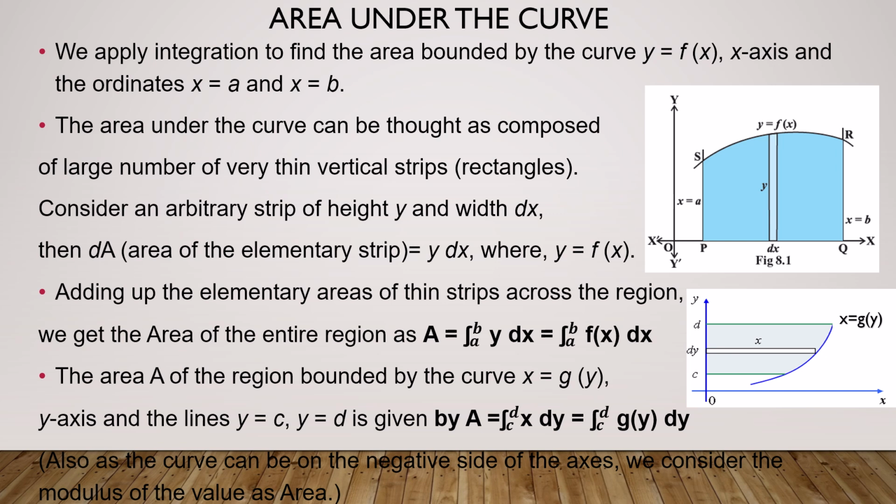Also remember one thing, that if the curve is on the negative side of any of the axes, then when we find the integral we get a negative value. Area is never negative, so we consider the modulus value for it.